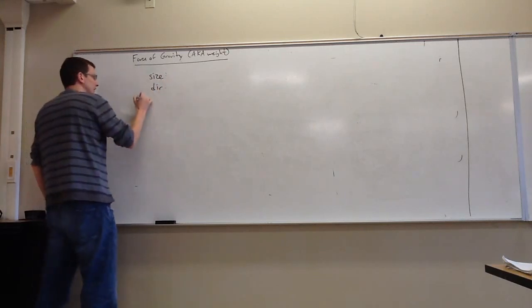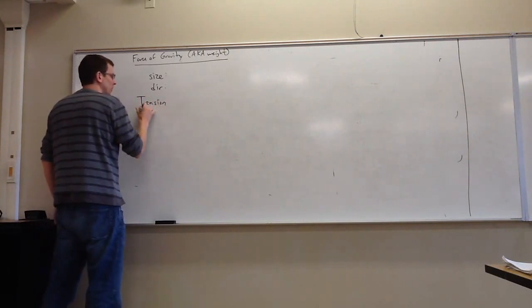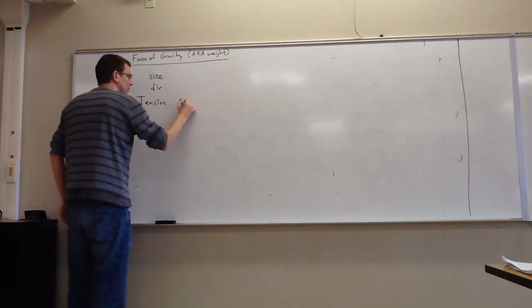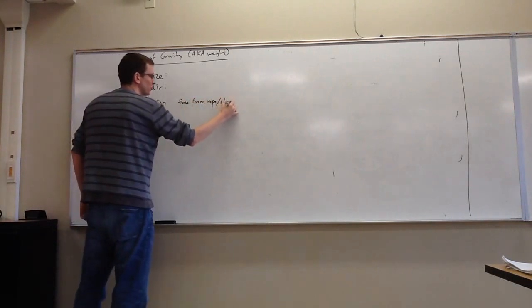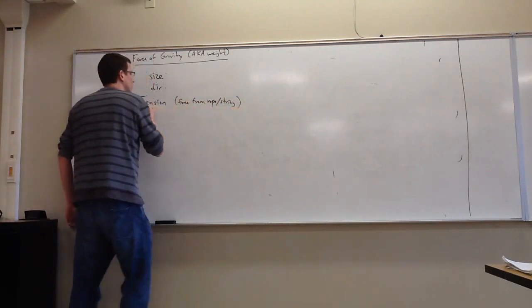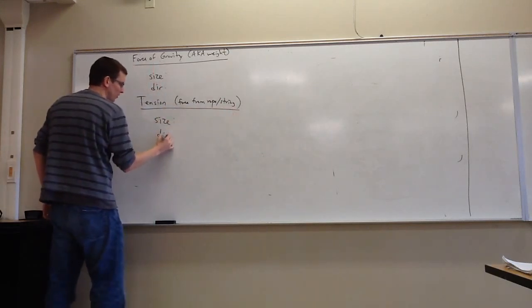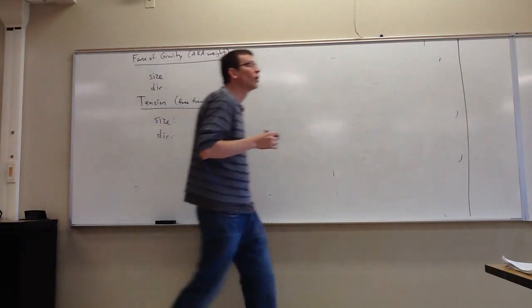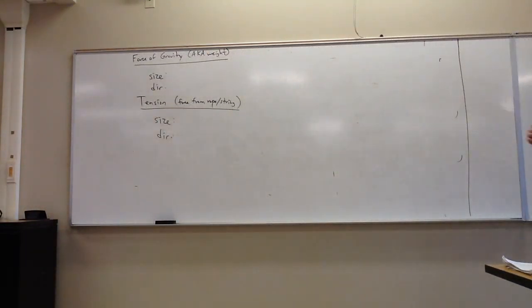And the second is tension, which is the force from a rope or a string. And again, its forces have size and direction, so we should discuss what are the rules for how those tend to act.